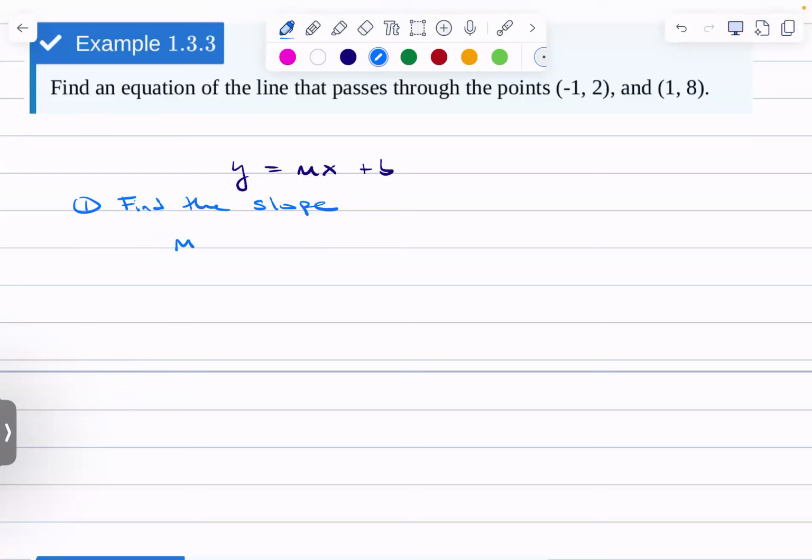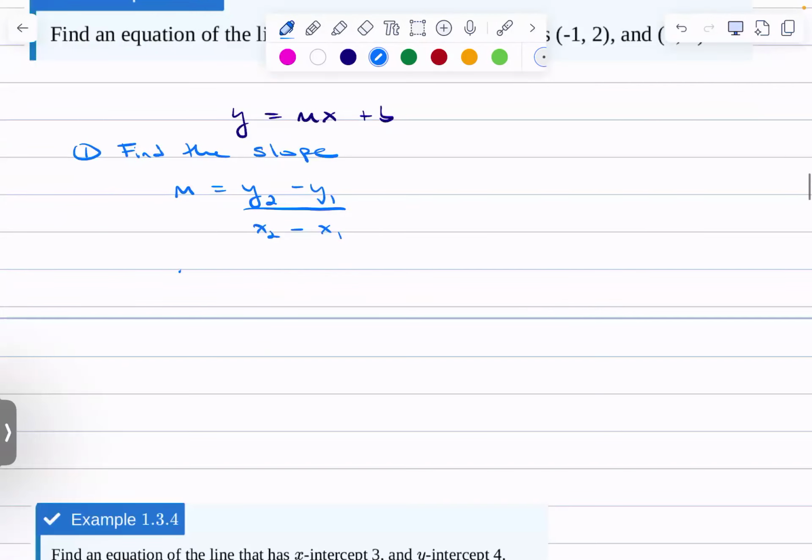I have 2 points. M is equal to y2 minus y1 over x2 minus x1. That's from Monday. And so it doesn't matter which point you use as point number 1 and point number 2. If you're clever, you'll use the first one as a second one, but I just can't do it.